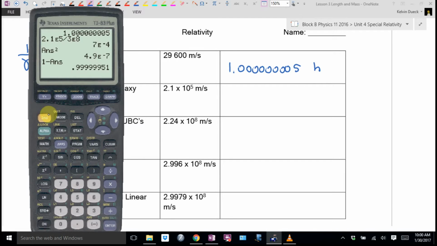Square root of that. And then 1 divided by that to figure out the time dilation for 1 hour. So that 1 on the top is me plugging in T0 as 1.